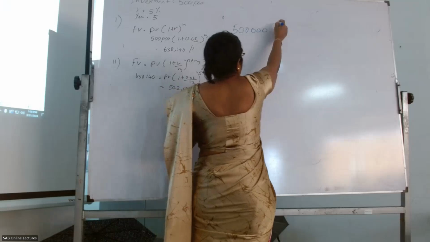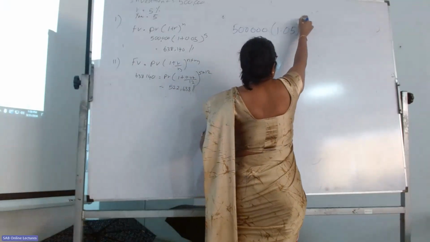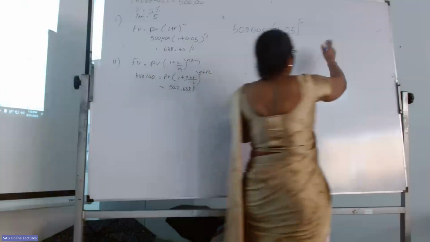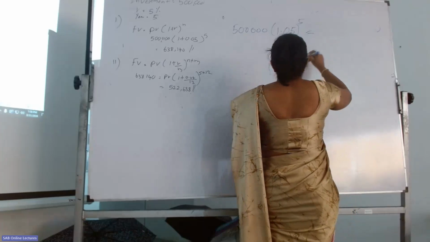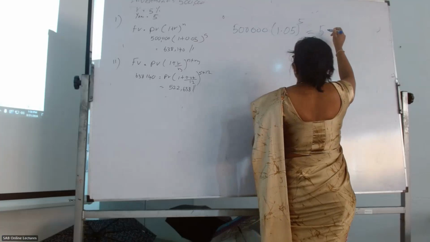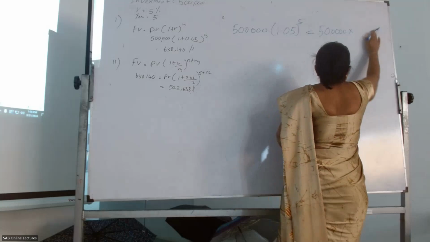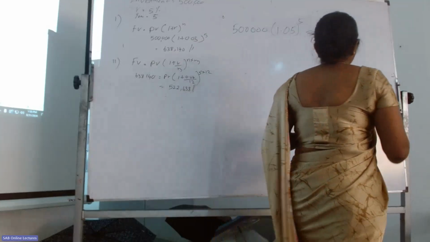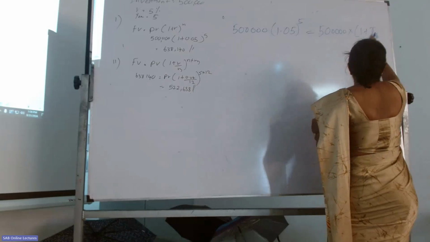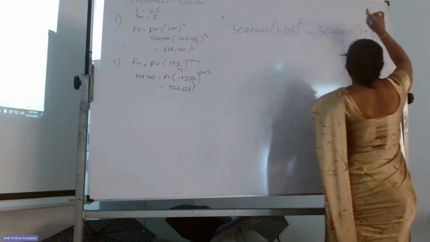This is their annual nominal rate. This should equal 500,000 into 1 plus R divided by 12, to the power 12.